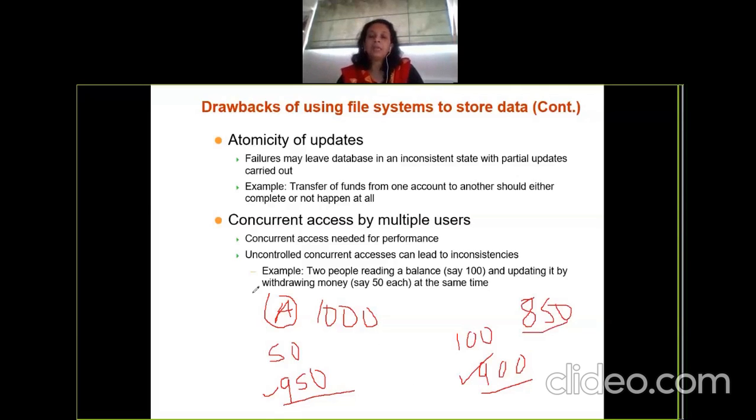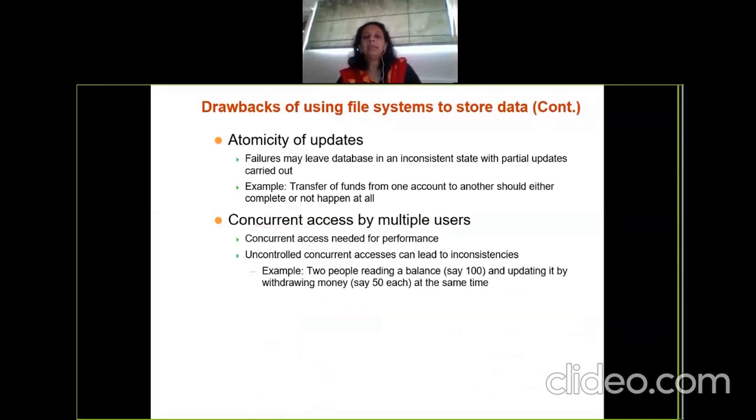So to avoid such data inconsistency, we need to control this concurrent access. This control is not possible in the traditional file processing system, but it is possible with the database system because it provides different protocols to control concurrent access.